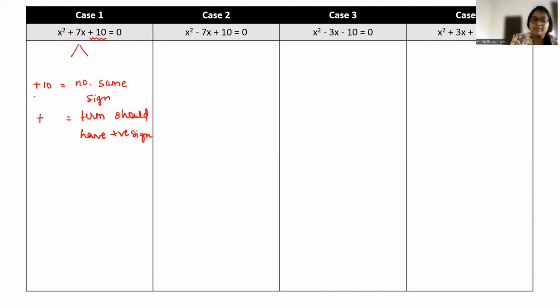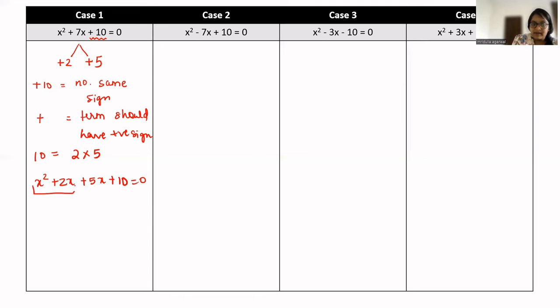Now I'll write the factors of 10. Factors of 10 are 2 into 5. Since they should have the same sign, and the middle term indicates they should have positive sign, the terms are 2 and 5. So instead of 7, I'll write plus 2 plus 5. So I have x square plus 2x plus 5x plus 10 equals 0.